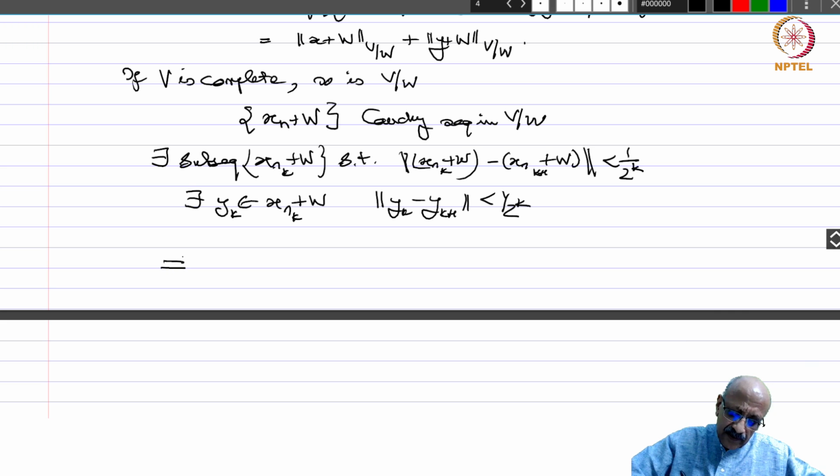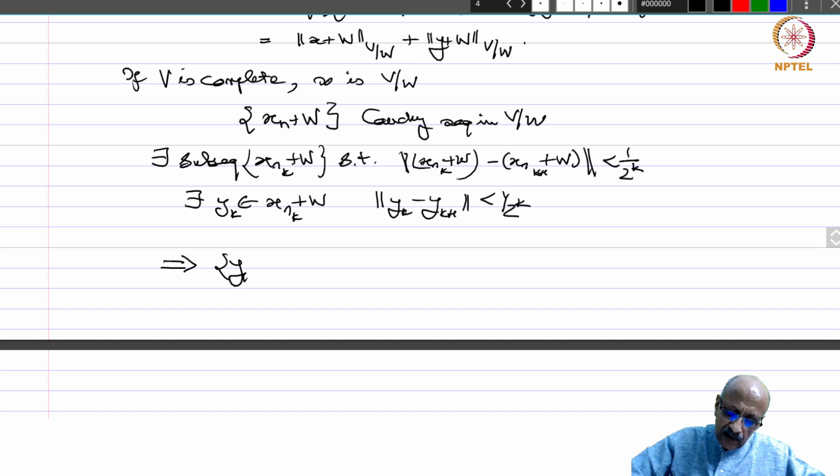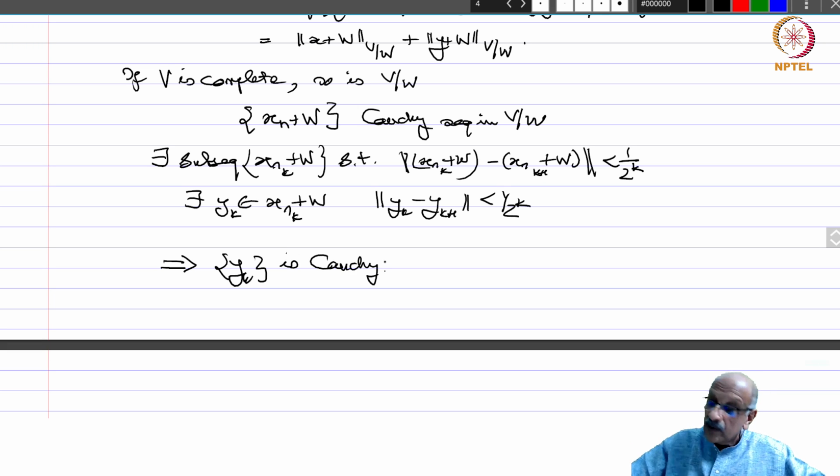And this implies that y_k is Cauchy. Why is y_k Cauchy? Whenever you have a sequence where consecutive terms differ by something that forms a summable, convergent series, then the original sequence is Cauchy.